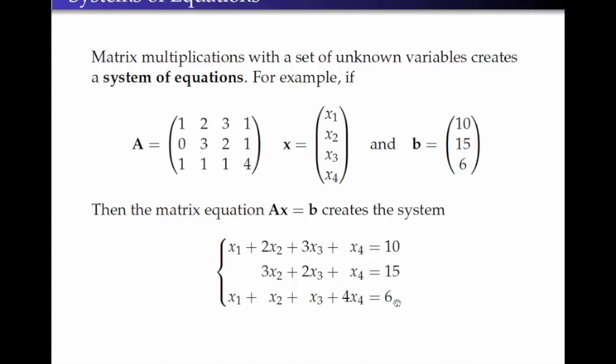So a system of equations is just a set of equations that are simultaneously true. So we're saying that all three of these equations hold true for these unknown values. So we'll need to learn to go back and forth between systems of equations written this way and systems of equations written of the form AX equals B using matrix notation.